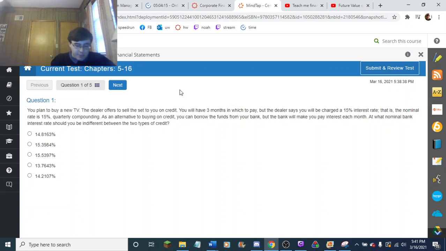The effective rate is going to be 15.87, and the payments per year is 12. The effective rate is 15.87. I forgot to push enter. And now you compute the nominal rate and you get 14.82. So the nominal equals 14.82%.